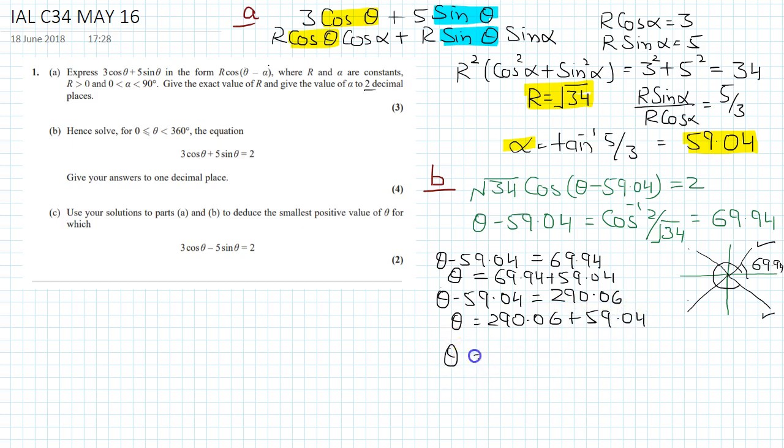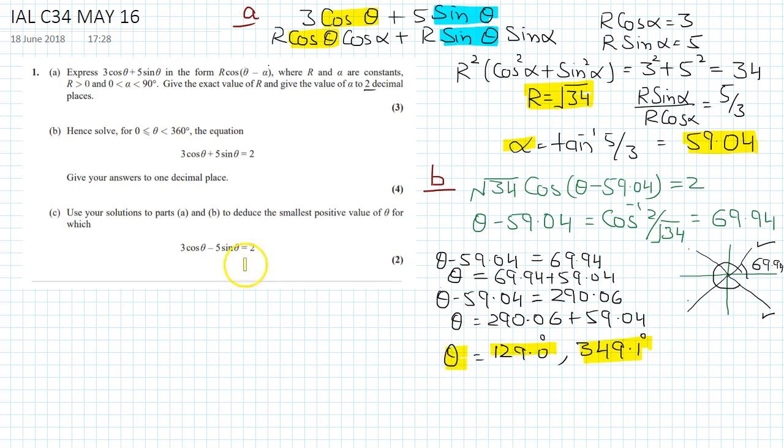So we have two values of theta: 69.94 plus 59.04 is 128.98, so that is 129, and the second is 349.1. So these are the two values of theta. Give your answer to 1 place of decimal. So that is the answer of theta to 1 decimal place.